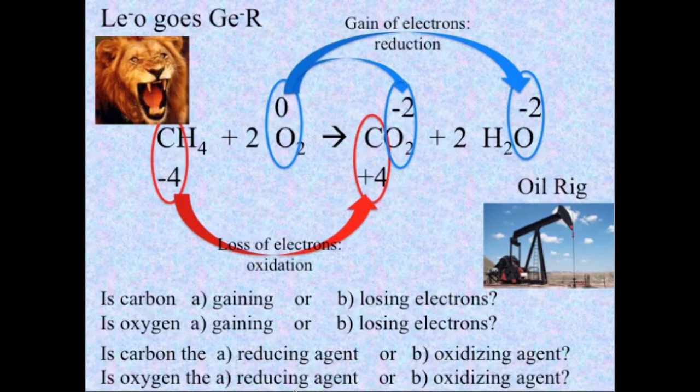In the process of losing electrons, it is acting as an agent to cause reduction in the oxygen. And conversely, oxygen is undergoing reduction, therefore it's an oxidizing agent. It's acting as an agent to oxidize the carbon in methane. That which is oxidized is a reducing agent. That which is reduced is an oxidizing agent.